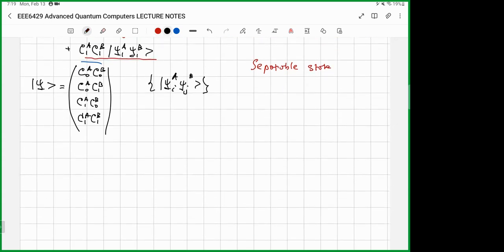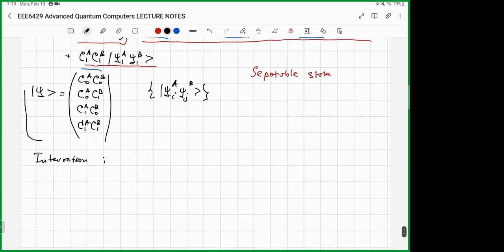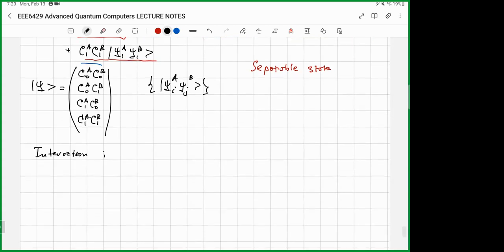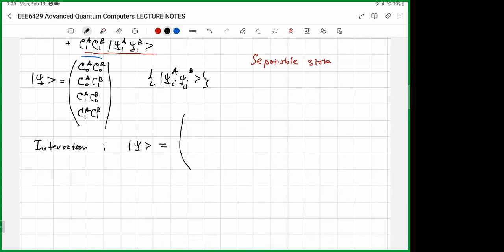But when I allow these two systems to interact, instead of this vector I will get another one with coefficients C00, C01, C10, and C11.